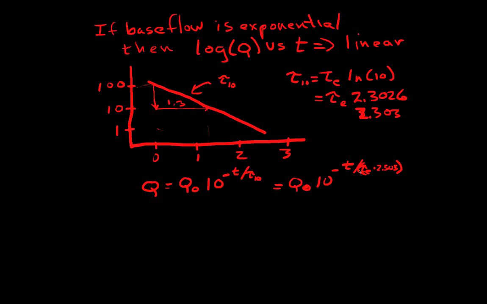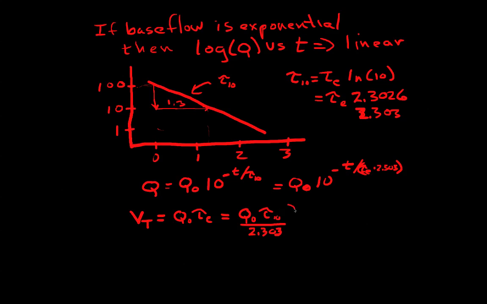Okay, so for every unit of time equal to tau 10, the flow in the stream drops by an order of magnitude. Now remember, we had a formula for the amount of water in the aquifer. V total, the total aquifer volume, is going to be equal to Q naught times tau E, the exponential time constant, but I can substitute in Q naught times tau base 10 divided by 2.303.